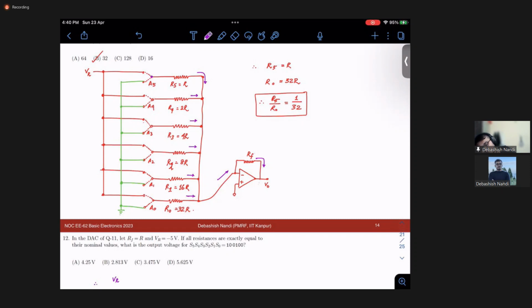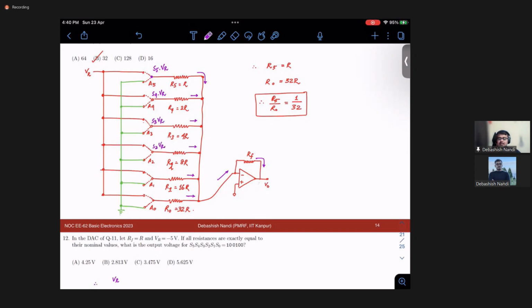so what is this voltage? This voltage we can assume it to be S5 times VR. Okay, and you can assume it to be S4 times VR, S3 times VR, S2 times VR.